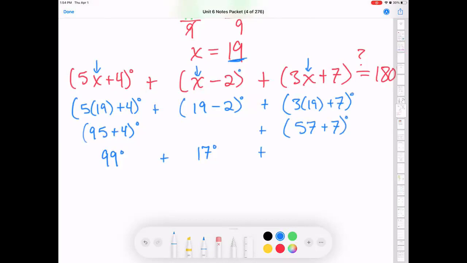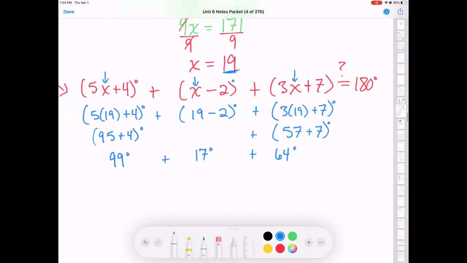And 57 plus 7 gives us 64 degrees. So the question becomes, is this still equal to 180? We have found each and every individual angle by plugging x in, but now their sum should still combine and check off to be 180 degrees.